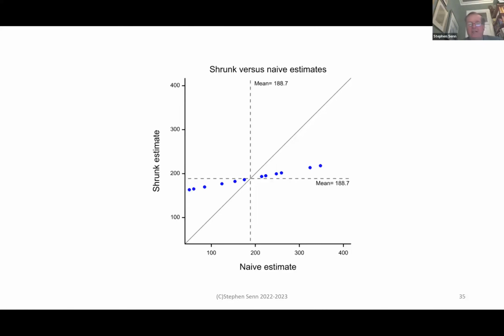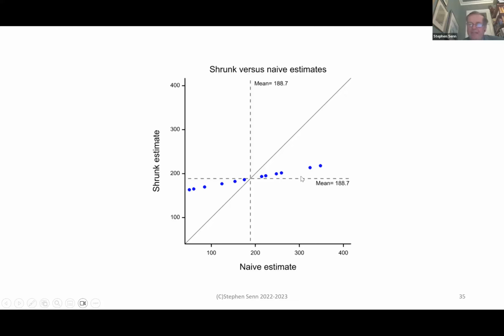If I take the naive estimate, which is the result just from the individual patient, plotted on the x-axis, and the shrunk estimate on the y-axis, if there were no shrinkage, all of the values would lie along the black diagonal line, which is a line of equality. Instead, what you find is the blue points are shrunk closer towards the overall mean, which is 188.7.